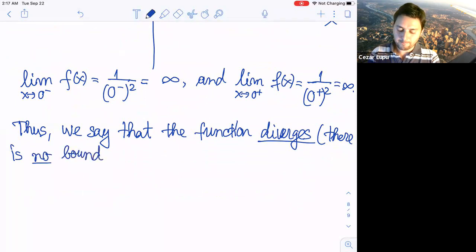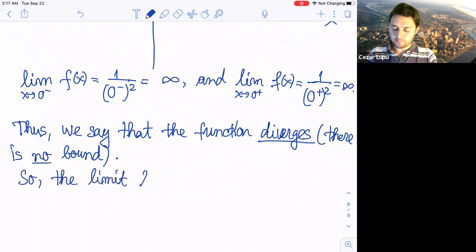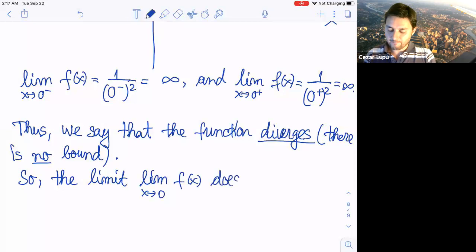That's what I mean. Okay, so we can say that the limit as x approaches 0 of f of x does not exist.